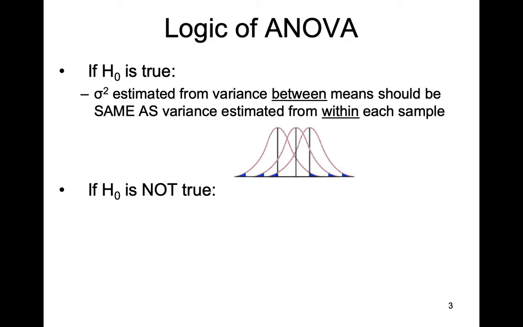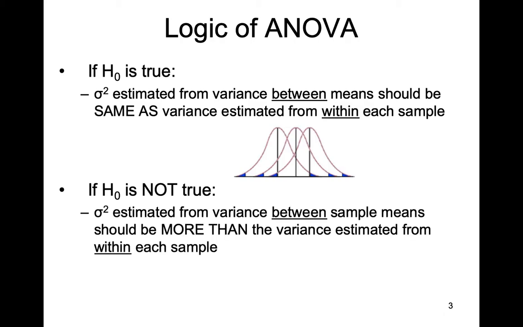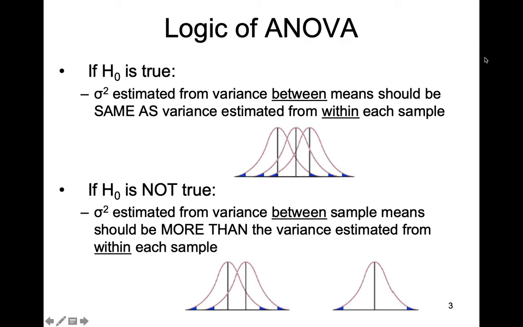However, if the null hypothesis is not true, the population variance that is estimated from the variance between sample means should be more than the variance estimated from within each sample. And that's what this looks like at a population level. What you'll notice is that the variance that we would estimate within each sample will be the same in this example.